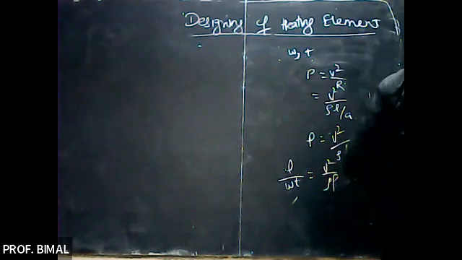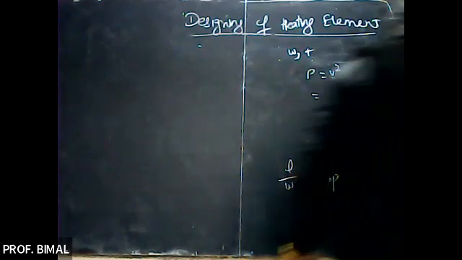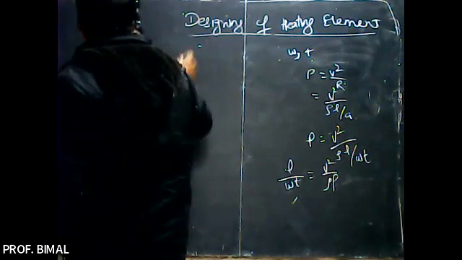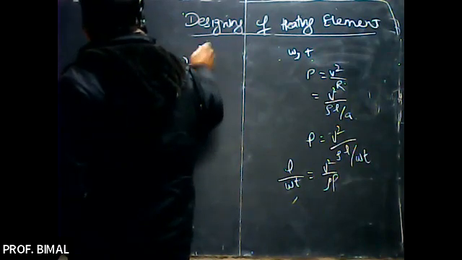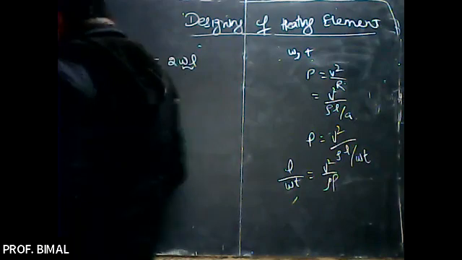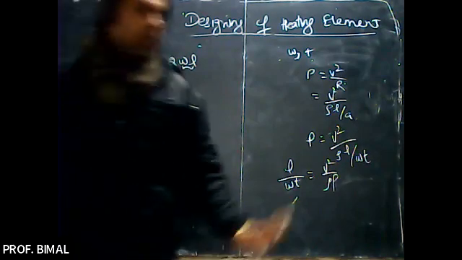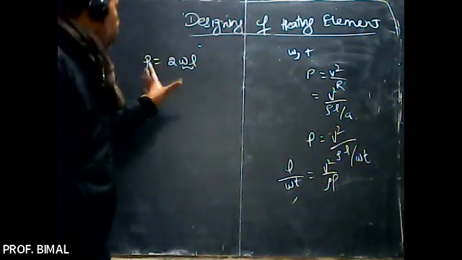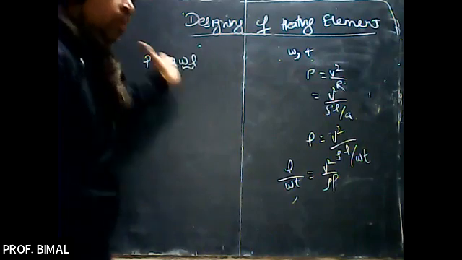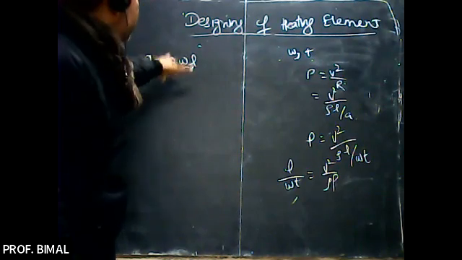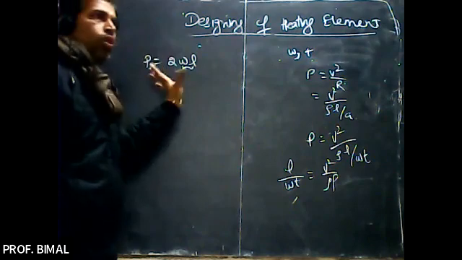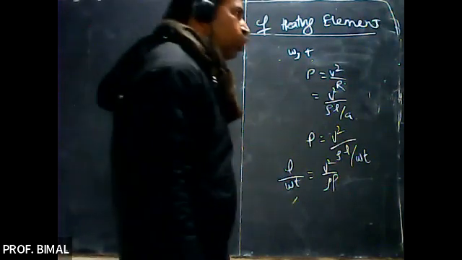So P is equal to 2WL, actually W into L. This is the area of one side, and a rectangle has two different sides, right? That's why I am multiplying it with 2.